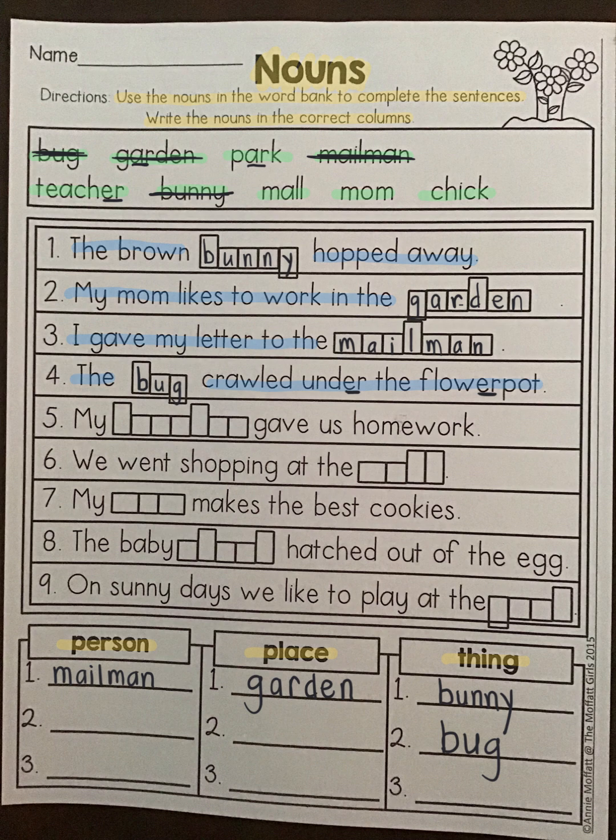Cross off bug to stay organized. All right, we're doing great. Number 5. My blank gave us homework. Oh, who gives you homework? Your teacher. Teacher. Cross it off.